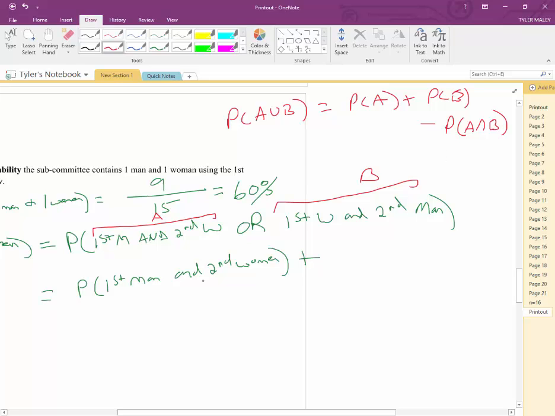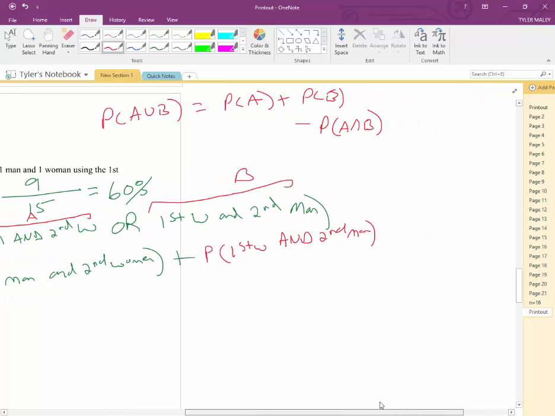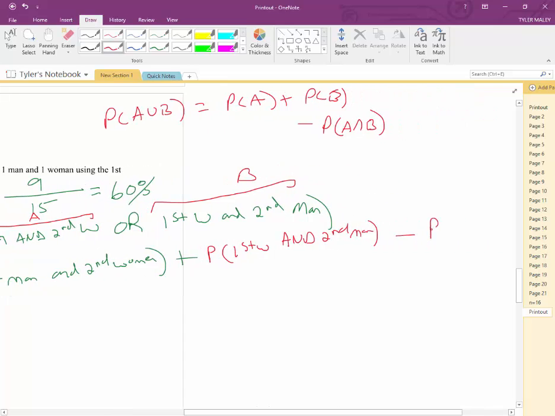So we have the probability the first is a man and the second is a woman, plus the probability that the first is a woman and the second is a man. And then I would have to subtract off the probability that both cases are true, right?